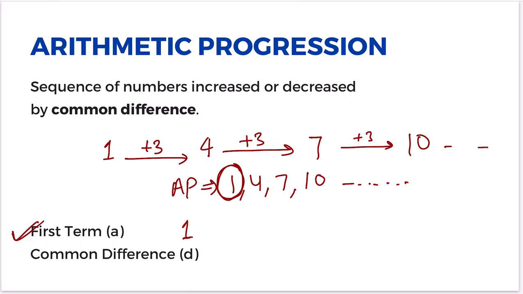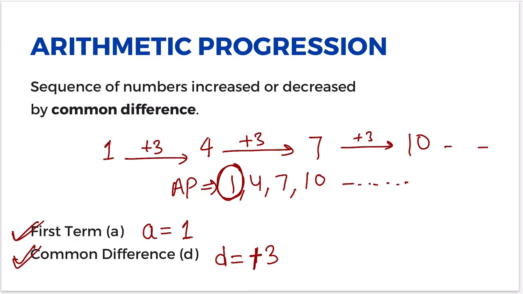So we'll say the first term is 1 and it is usually represented with the letter A. So A is the first term, that is 1. The second thing you need to know is the common difference. Common difference is the difference between any two consecutive numbers, which is common across. So in our example, that is plus 3. So we'll say the first term of this series is 1 and the difference between any two numbers is 3.